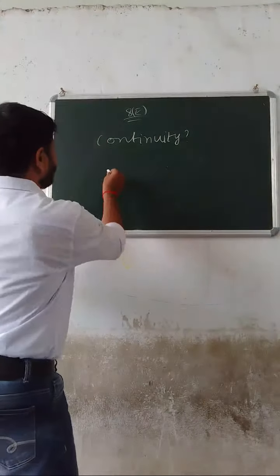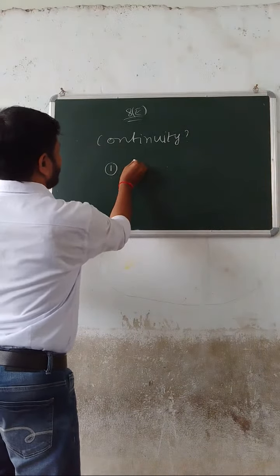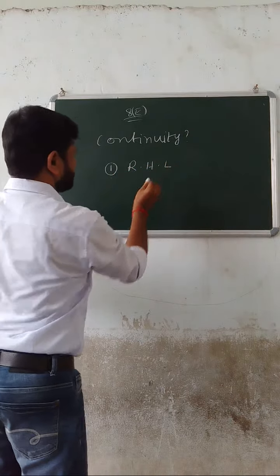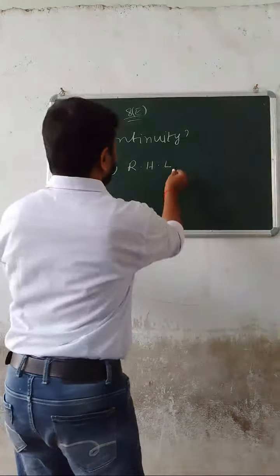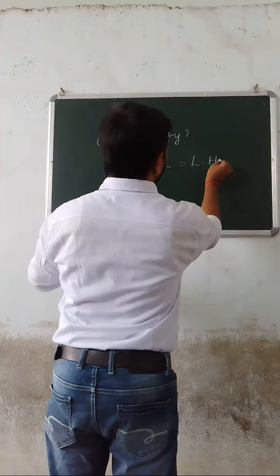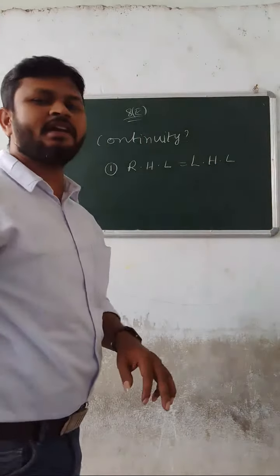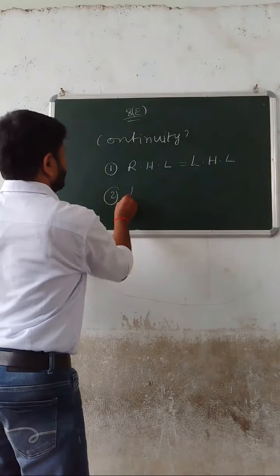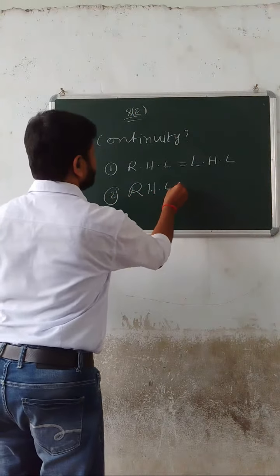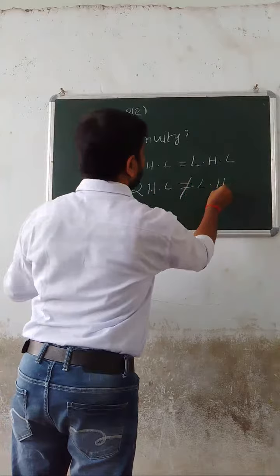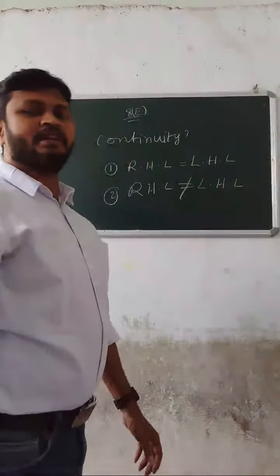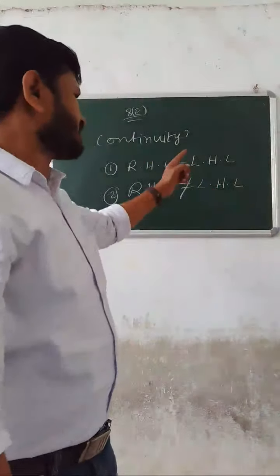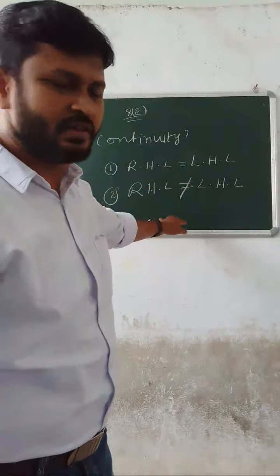Case number 1: right hand limit equals left hand limit. If the right hand limit equals the left hand limit, then the function is called continuous. If the right hand limit is not equal to the left hand limit, that is discontinuous.